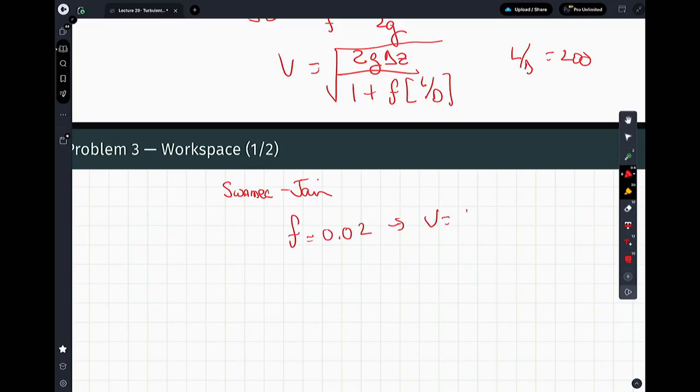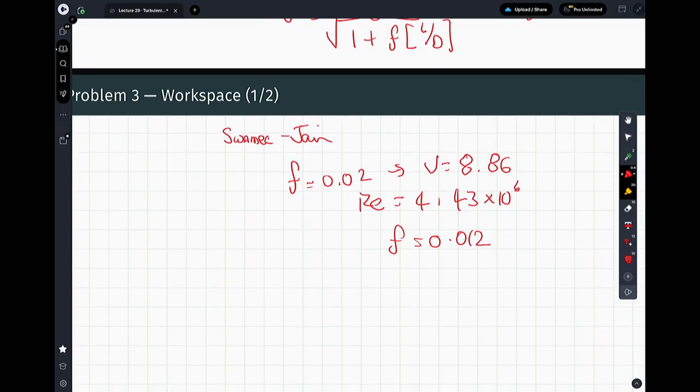V equals 8.86. I get a Reynolds number of 4.43 times 10 to the 6th, and a friction factor of 0.012. V equals 10.74 meters per second.